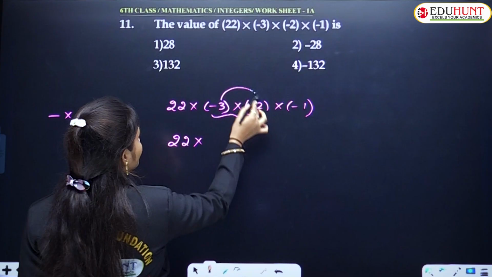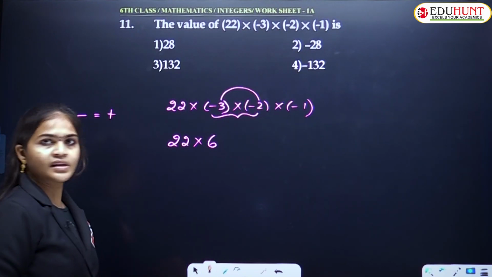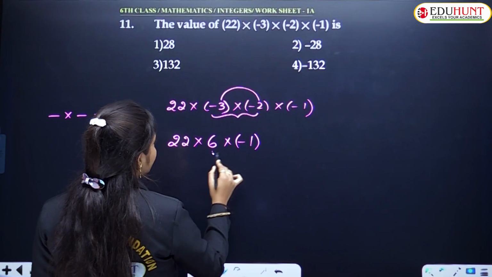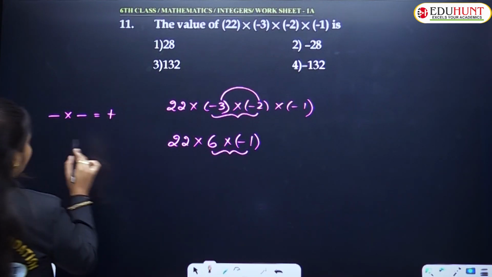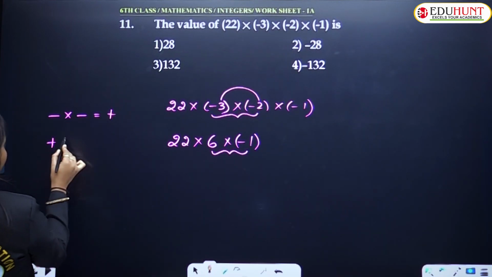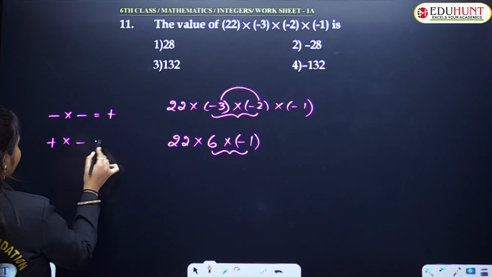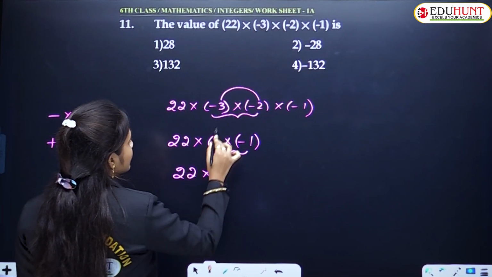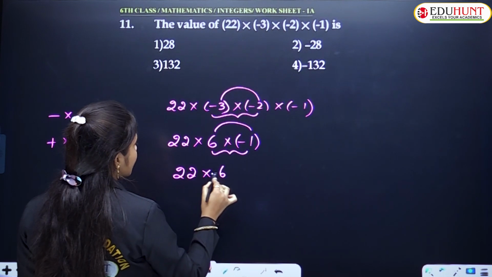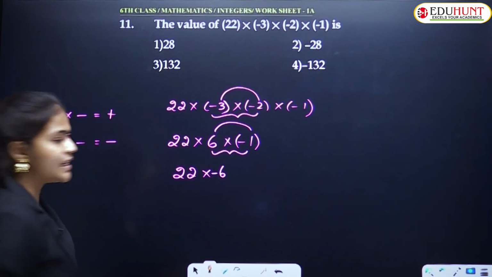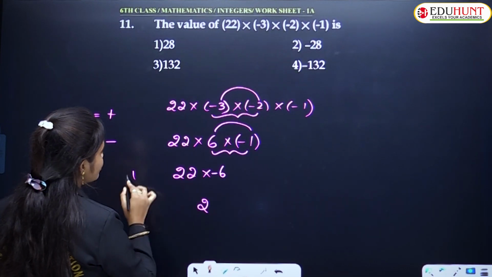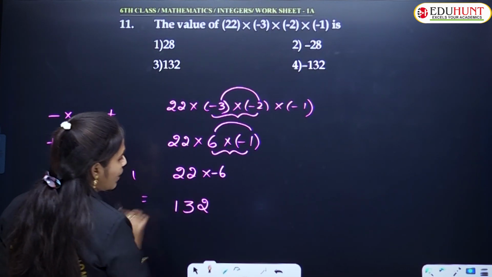So 3 into 2 is equal to 6, into minus 1. Now just take the product of these two. Here 6 is positive, plus into minus is equal to minus. So 22 into 6 into 1 is 6, and here minus 6. Now 6 twos are 12, and again 6 twos are 12 plus 1, 13, 132.